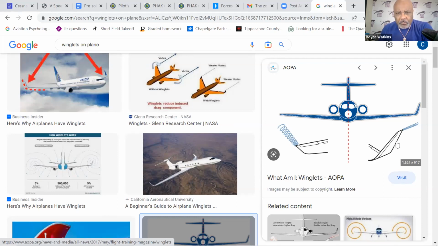So this little winglet saves the smallest bit of money, but they're flying every day, almost throughout the year, so in the long run it saves them money. But for a general aviation plane like us, it doesn't matter.